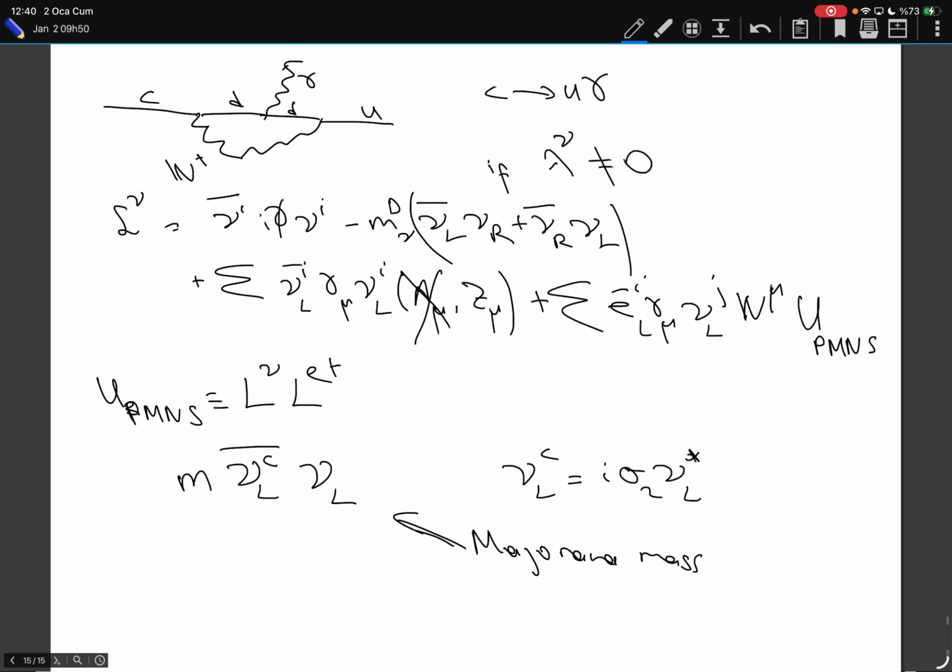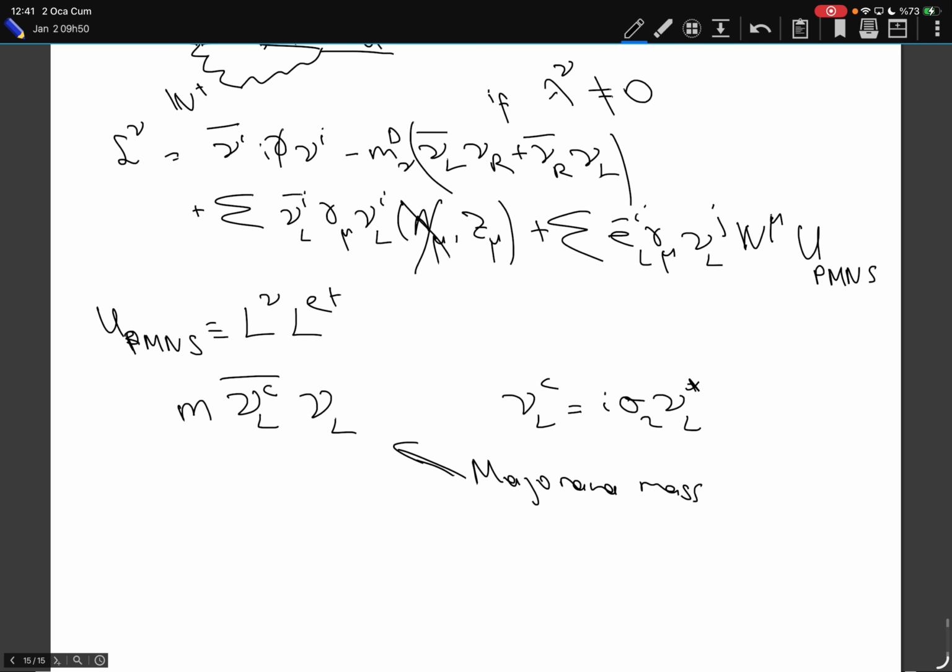Now the problem with this Majorana mass is, how do you get this from the standard model? You don't get this term from the standard model. The only way for you to get this term from the standard model is from, let's say, this term. You see, neutrinos come within lepton doublets.